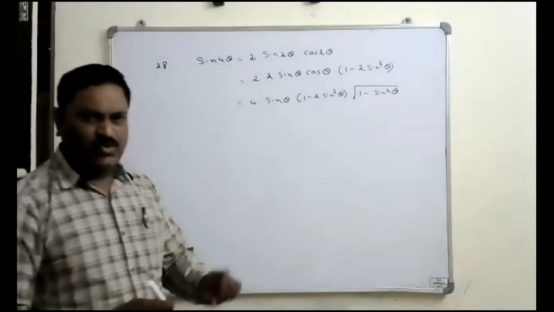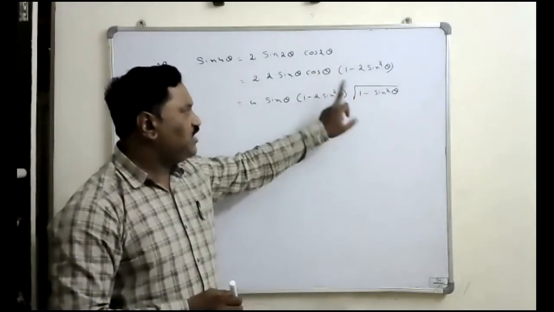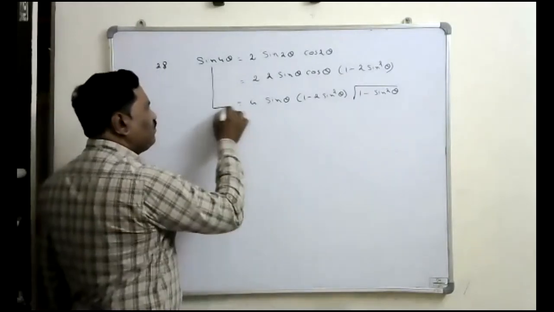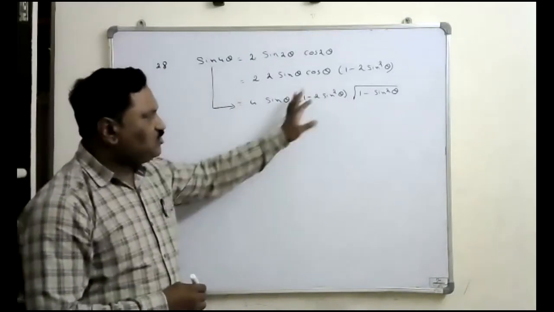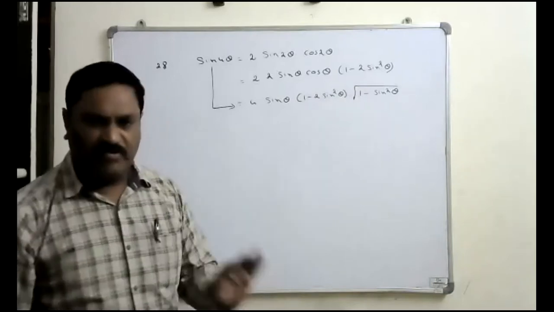Root of 1 minus sin square theta is root of cos square theta, that becomes cos theta. So sin 4 theta we can express as 4 sin theta into 1 minus 2 sin square theta into under root 1 minus sin square theta. Like that you can express it.